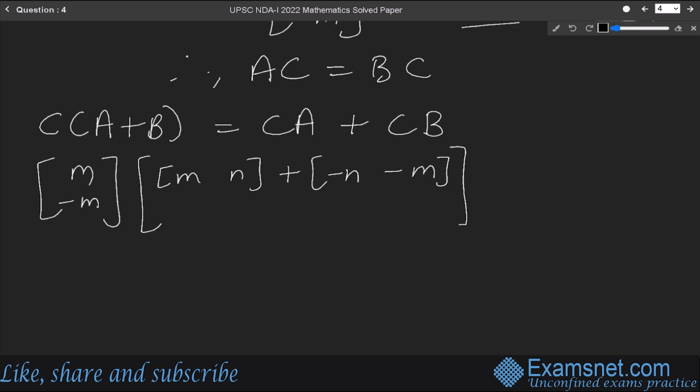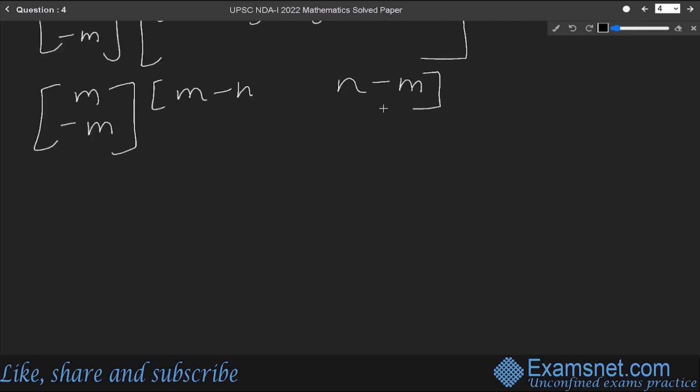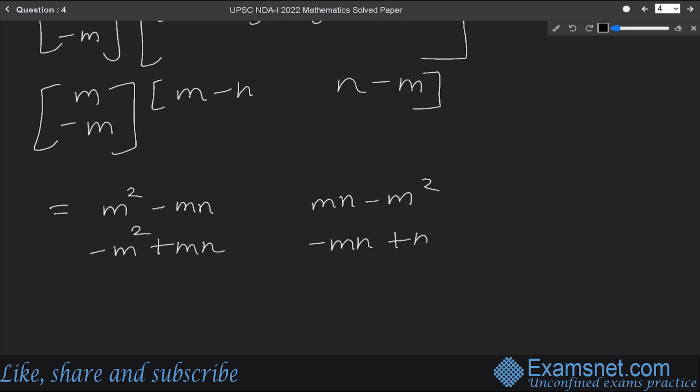This is the left hand side, which is C into A plus B. Further solving, we get [m, minus m] into [m minus n and n minus m]. On further solving, we will get m square minus mn, mn minus m square, plus mn and minus mn plus m square.